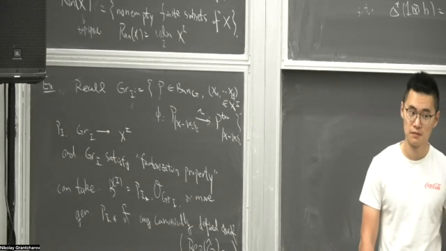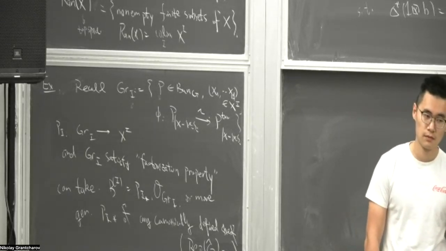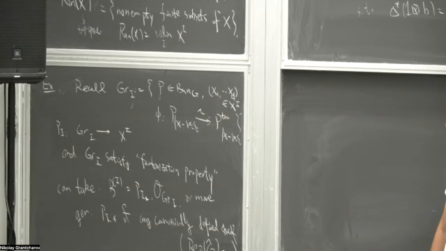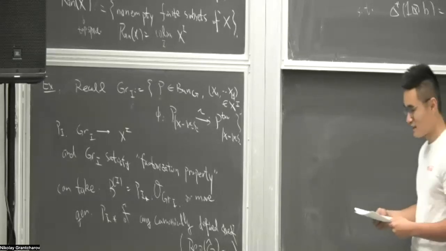The interesting example is when you take the push forward. One of them will be coherent homology in Bun_G, and the other will have a much easier formula.